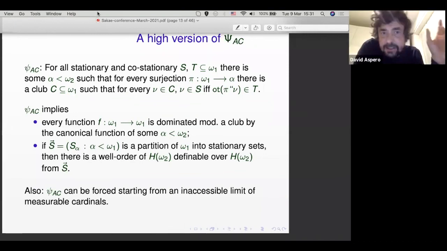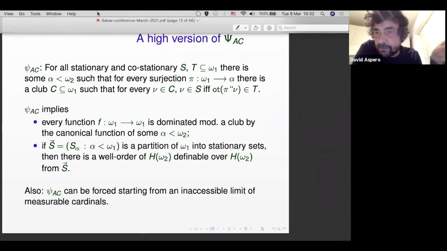Right. So say that you take any T, stationary, co-stationary, and now instead of S, you take any partition of omega 1 into omega 1 stationary sets. Given any subset A of omega 1, you look at the union of all these S alpha such that alpha is in A, and call it SA. Then this principle gives you some ordinal alpha which codes this SA in this way.